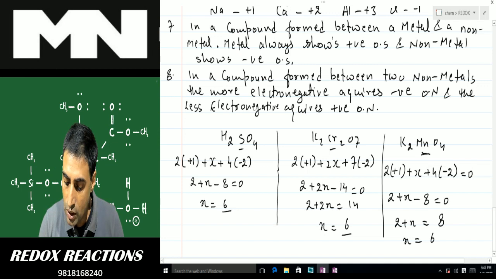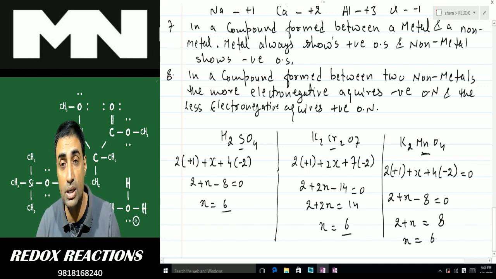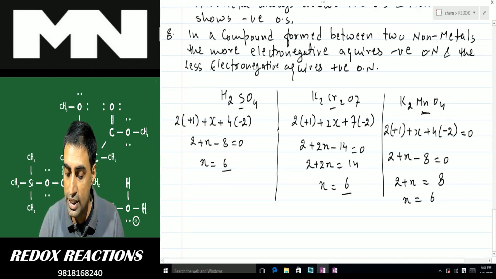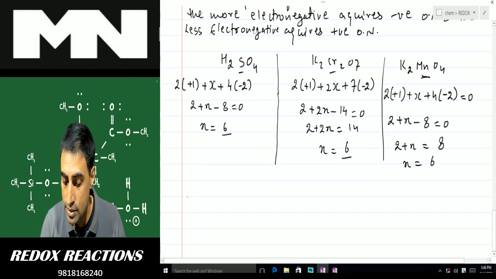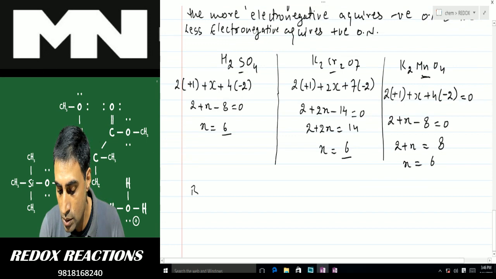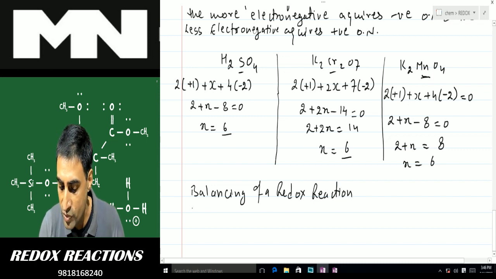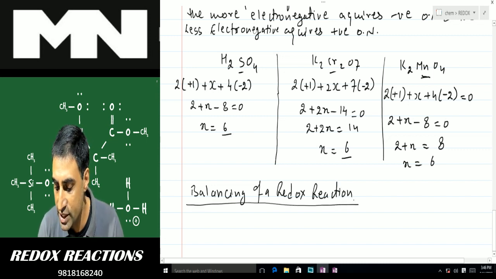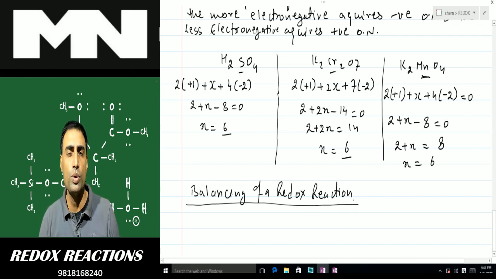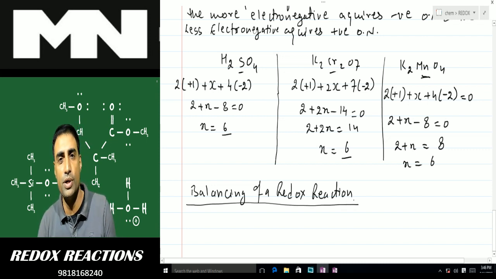Now, after learning how to calculate oxidation number, we'll move on to the next part, that is balancing of a redox reaction. As far as balancing of a redox reaction is concerned, it is not so easy as what you have done in 10th standard.